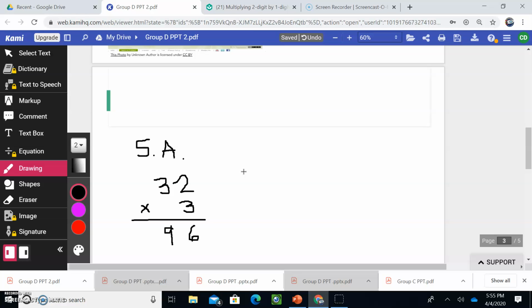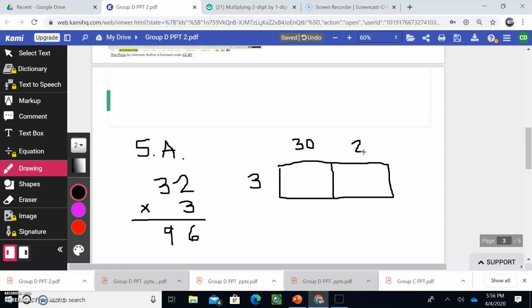Okay? And what I'd like to do is show you the Common Core strategy that they've just recently introduced in the last 5 years. I did not know this until they taught teachers how to teach this. So once again, we have the number 3 ones, and we're multiplying 3 times a two-digit number, 3 tens and 2 ones. 30 plus 2 is 32.